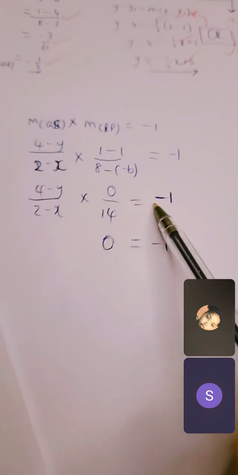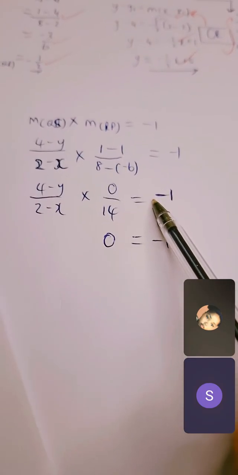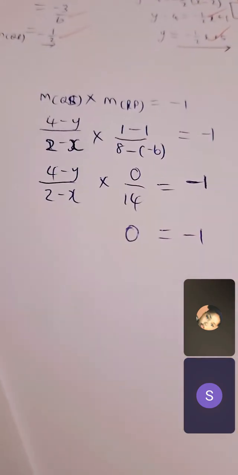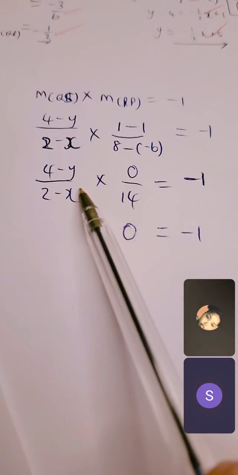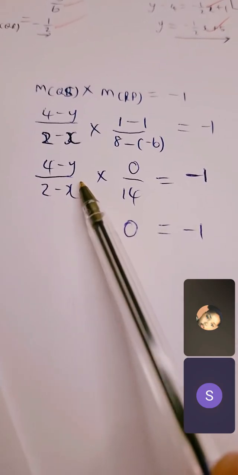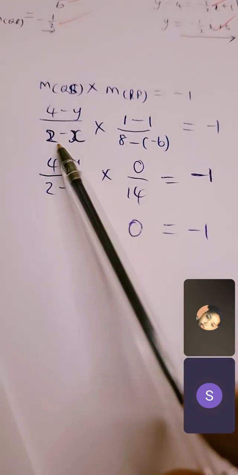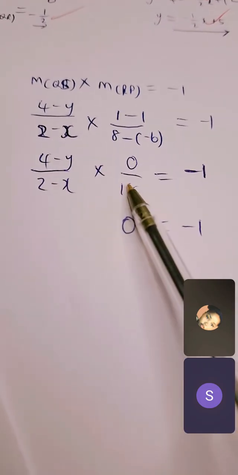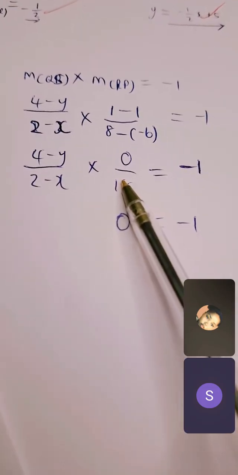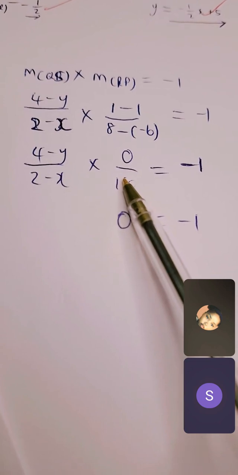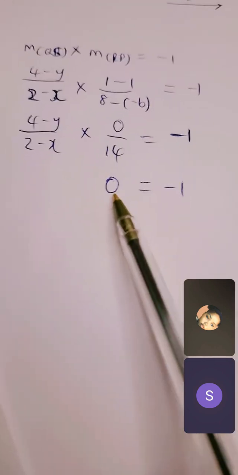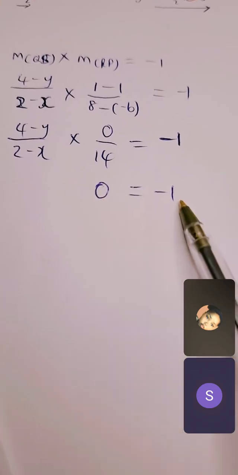If we cross multiply, anything times 0 is 0. So then I have 0 is equal to negative 1.